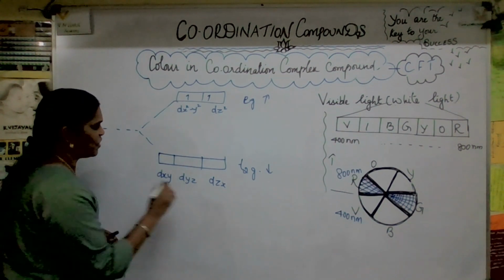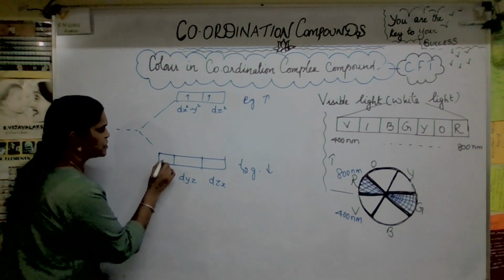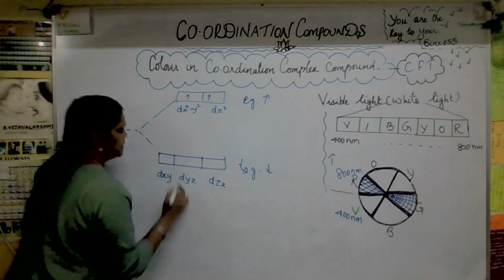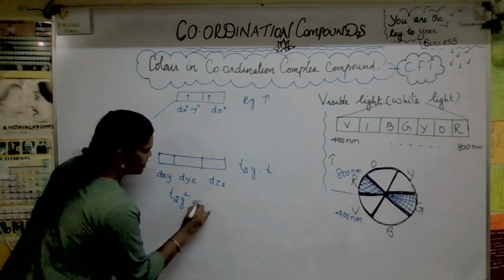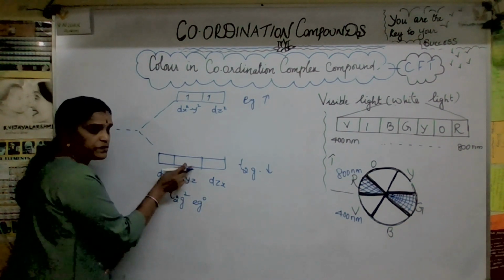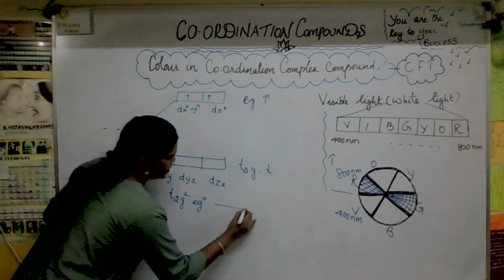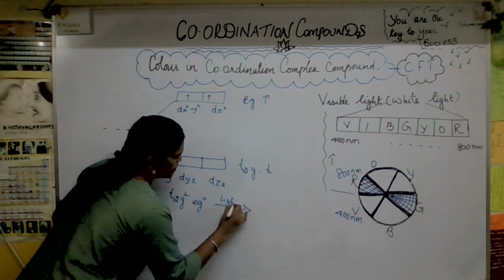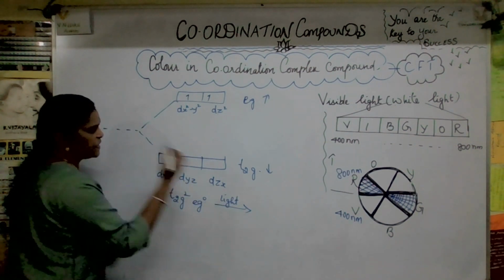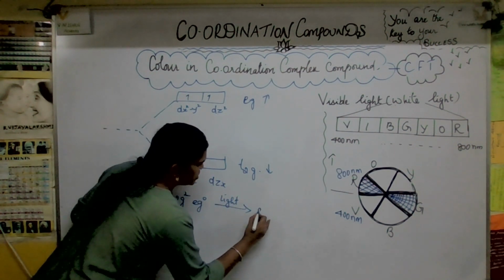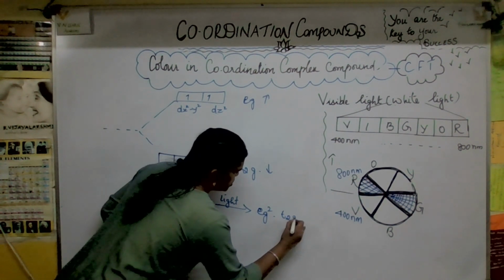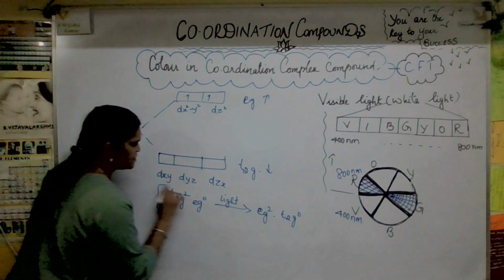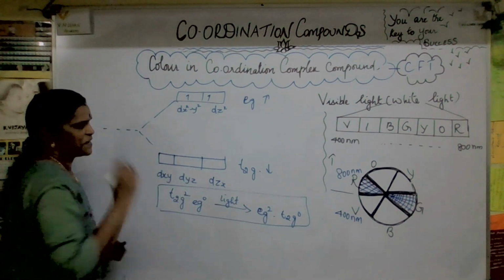Now this is the electronic configuration. Suppose it is t2g to eg0, and when the light passes, naturally it becomes eg2, and t2g0 it turns. That's all about this explanation.